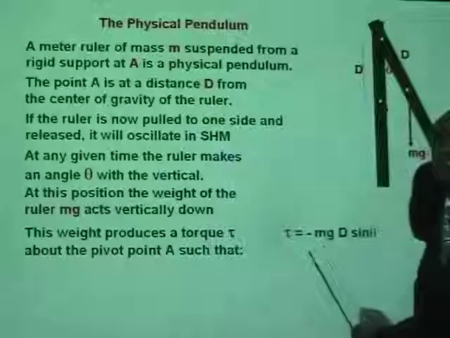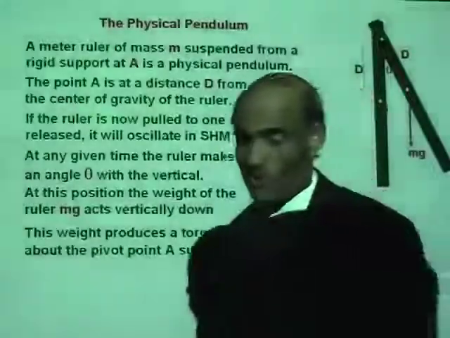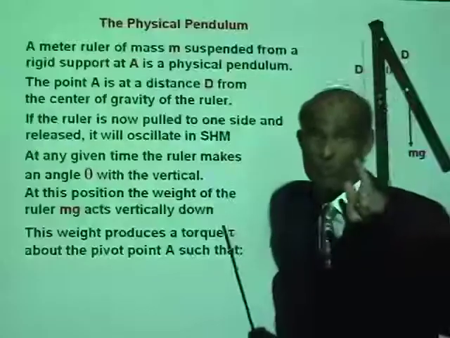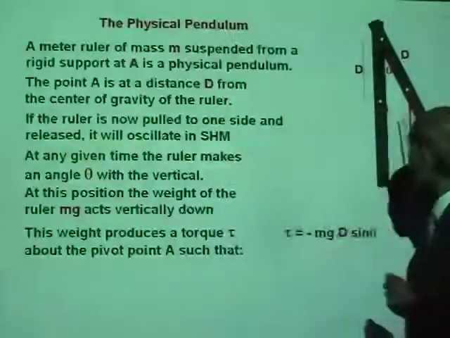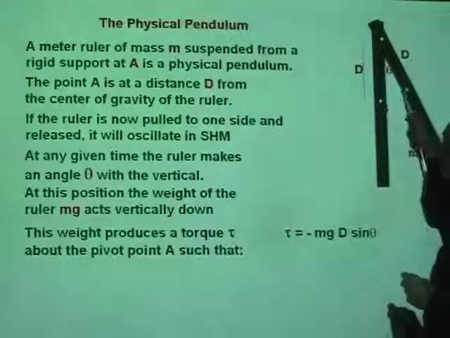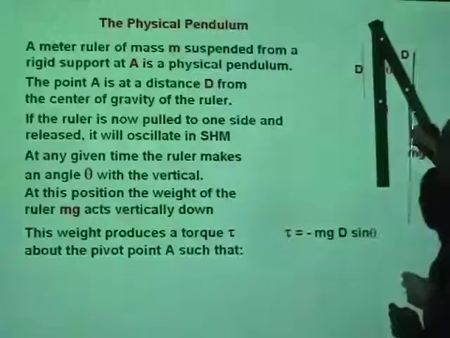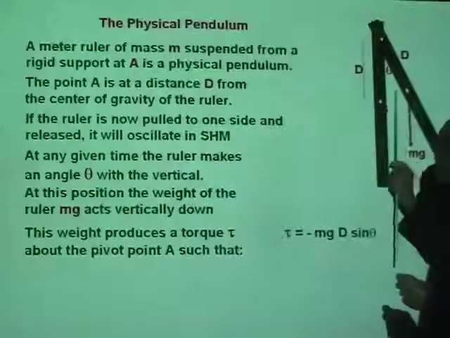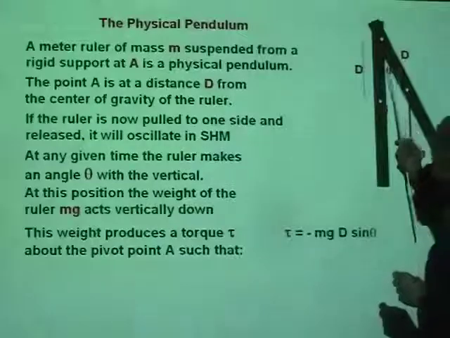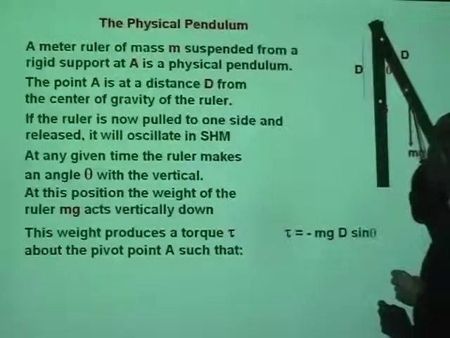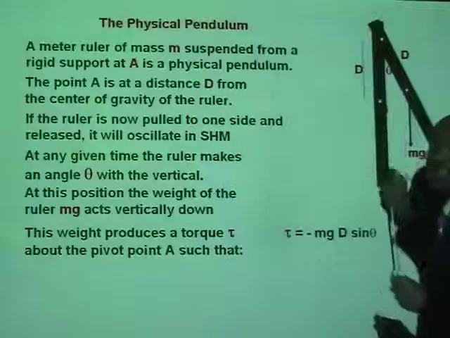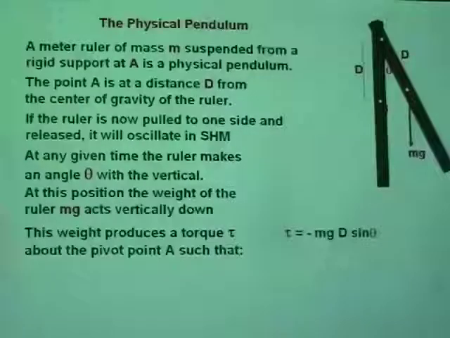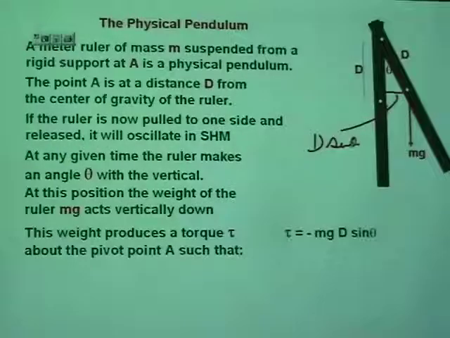Do you understand this equation? Now, if you remember what we did in physics 1, the torque of a force about an axis is the force multiplied by the perpendicular distance. It is this distance. If this angle is theta and this distance is d, this distance will be d sine theta. Let me draw that for you. Now, this distance is d sine theta.